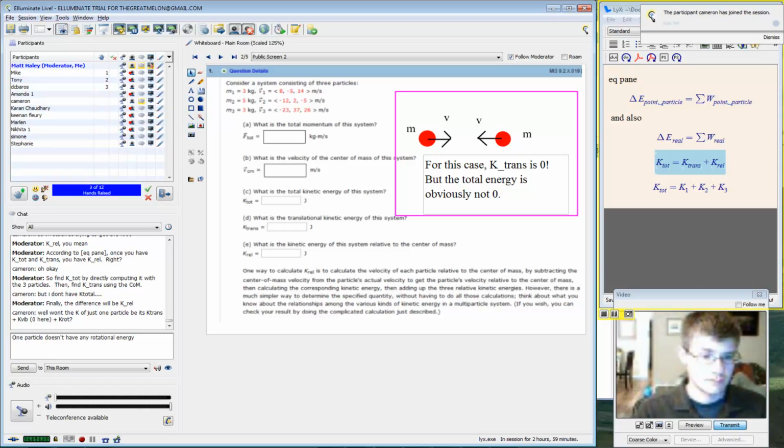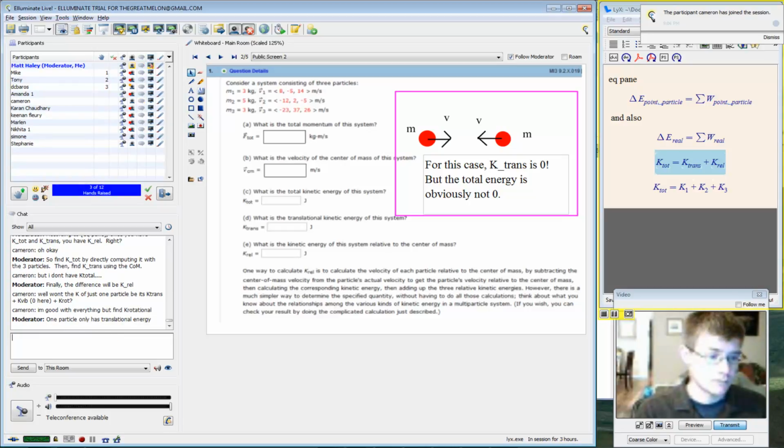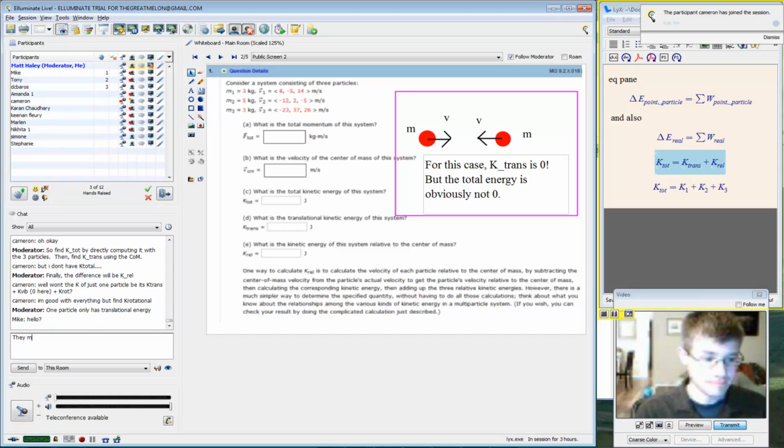So here the student's asking an interesting question. How come we don't need to use the rotational energy for one particle? Well, you don't really need rotational energy for one particle. That'd be measuring the rotation relative to the center of mass, but you'd only want to do that if you're looking at the entire system.